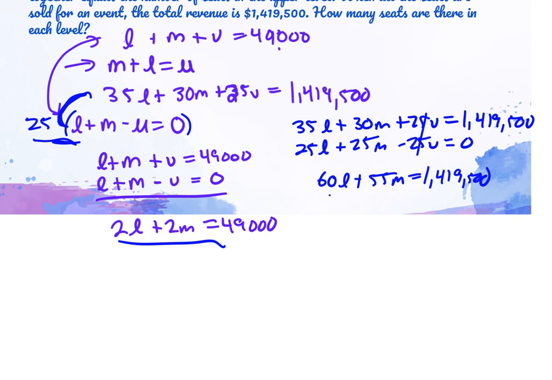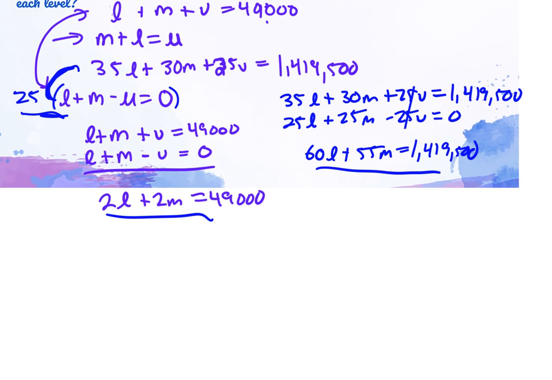Now I can put these together. I've got this one and this one, and both deal with the lower and the middle. So I'm going to multiply that by negative 30. That's going to be negative 60 lower plus negative 60 middle, equal to negative 30 times 49,000, which is negative 1,470,000.